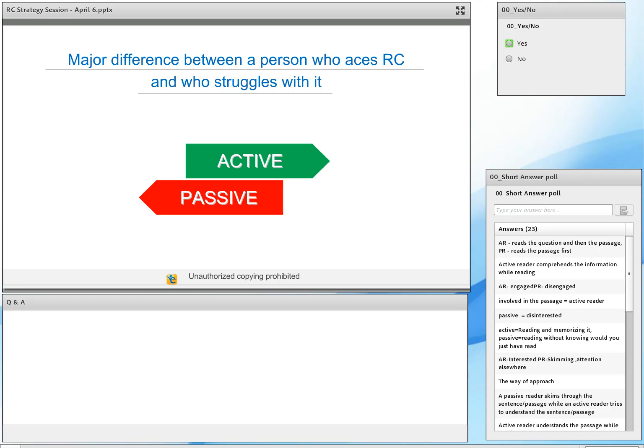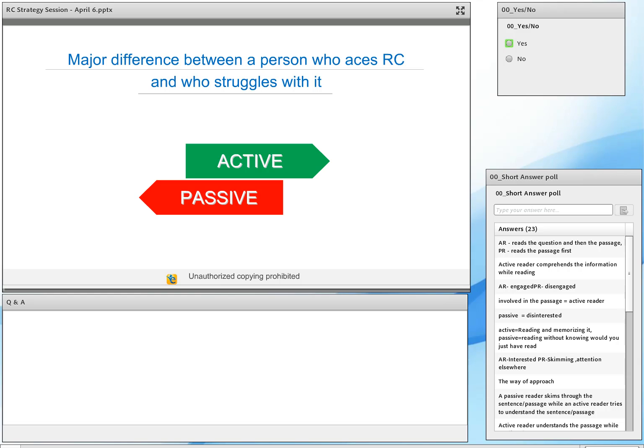You are going to see that yes, you are now able to understand what the author is saying. You will be a lot more interested in reading comprehension. Reading comprehension would no longer seem like that issue that you always face, like that sticking point in your verbal score. The only thing you have to do is understand how you can become an active reader.